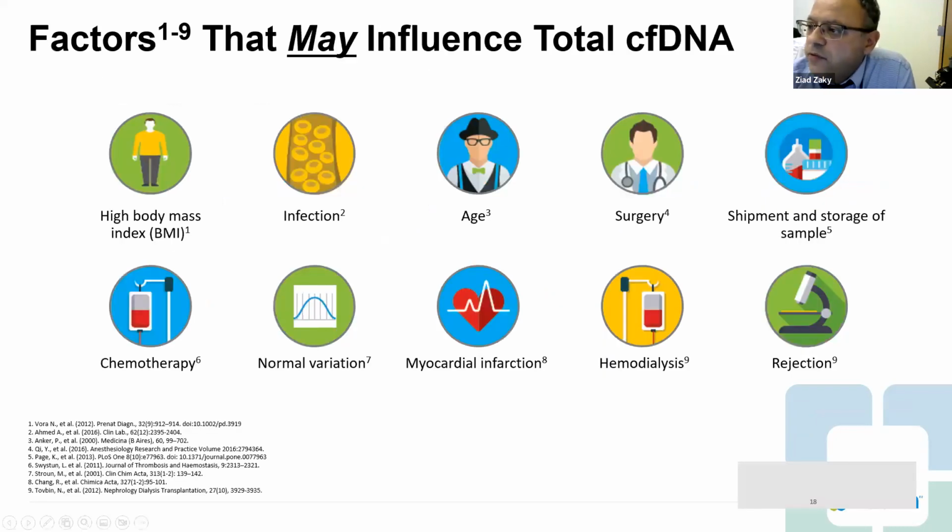However, there are other factors that affect the cell-free DNA. Because you are measuring a percentage of the donor to the recipient, we have to put into the equation all these variables, like high body mass index, normal variation, in addition to the presence of rejection.